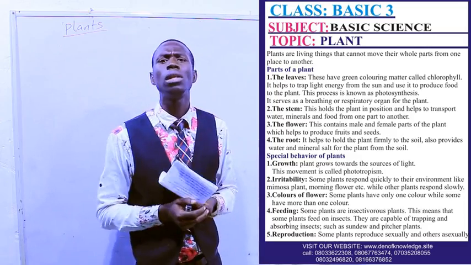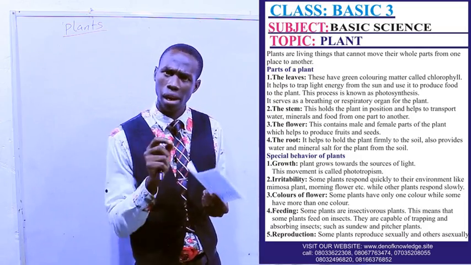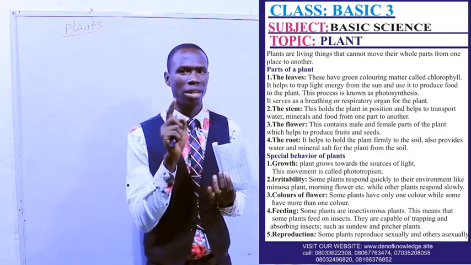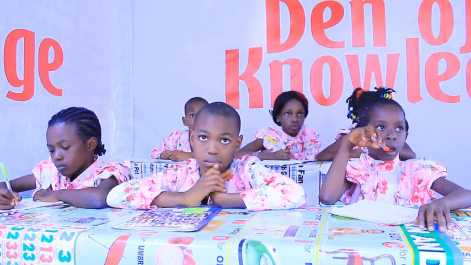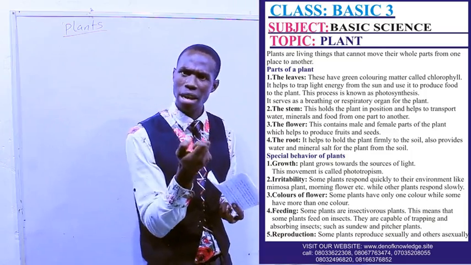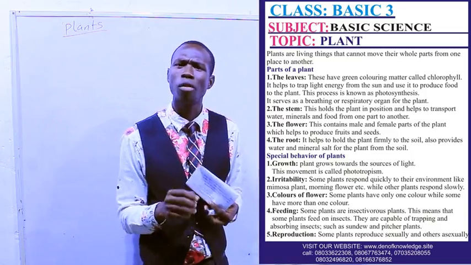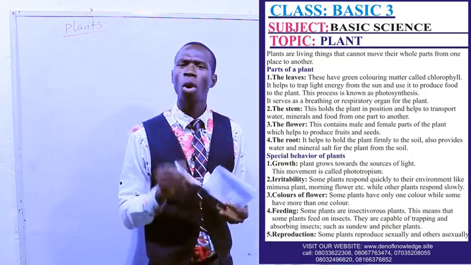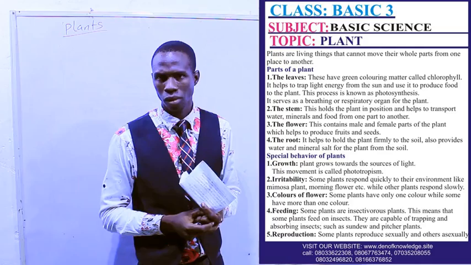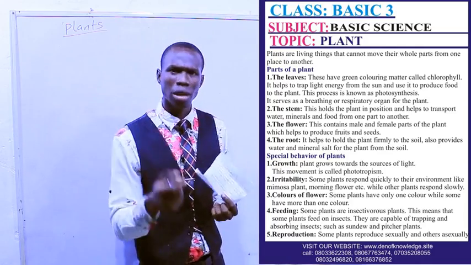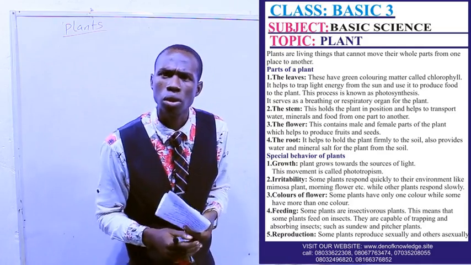One of the works of leaves is trapping sunlight, that is trapping rays from the sun and using it to provide food for the plant.